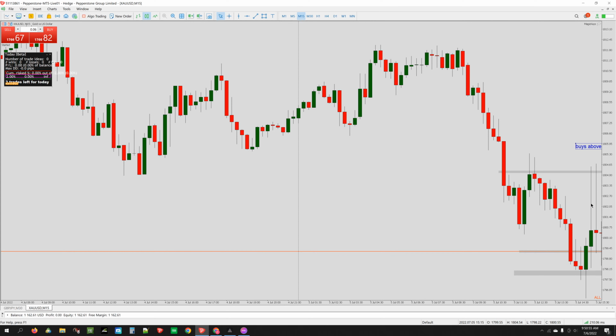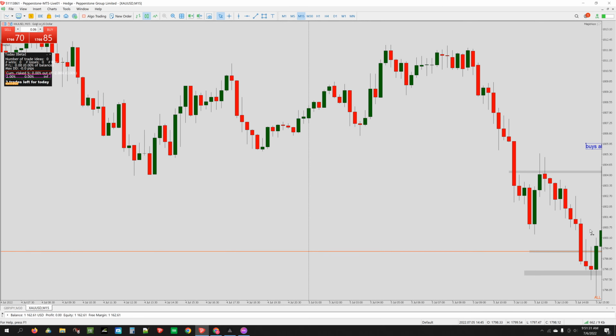After this candle closed, another candle started to break above the high of the previous candle, and then closed like this. So the one thing we were sure of at this point was that there was a lot of volume, because this whole move up and down was in 15 minutes.